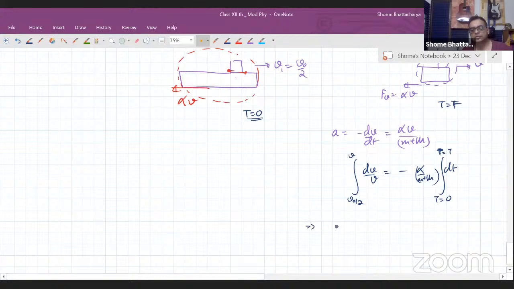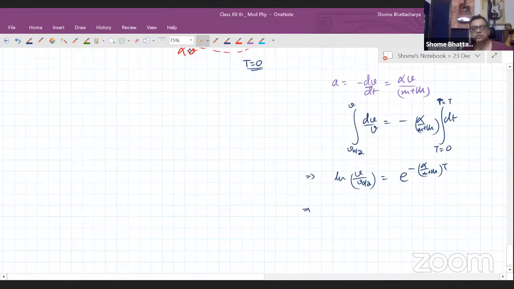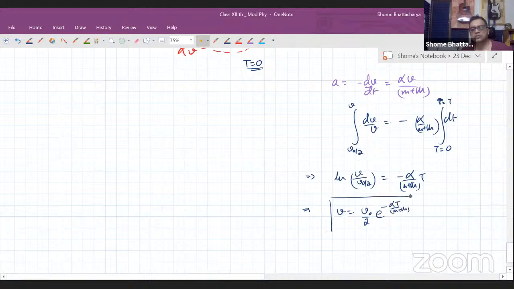So this is the velocity at a time t, which is actually the total time minus V naught by 2 mu g.